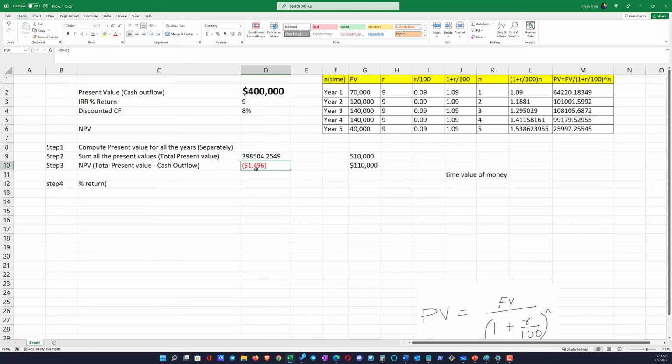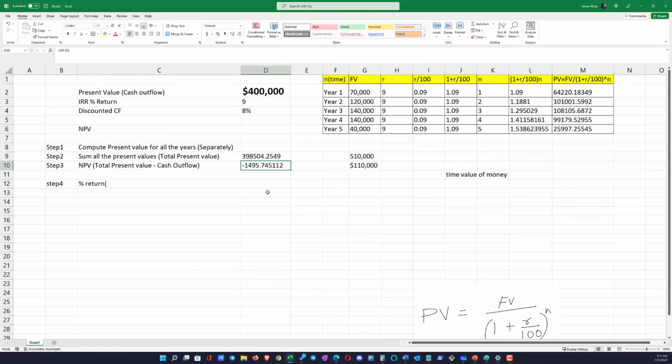So what does it mean? If I make it 7, you see it's black. If I make it 8, it's still black. If I make it 9, it's turning red. It means it's showing negative values.